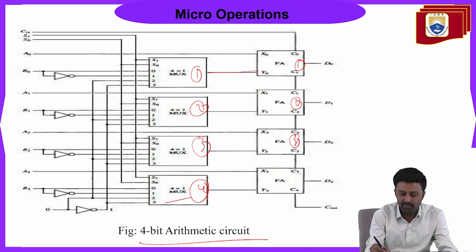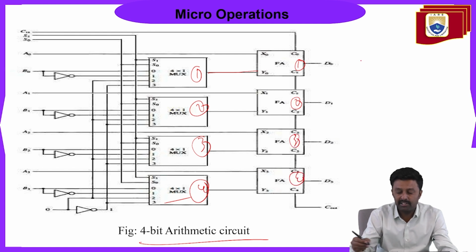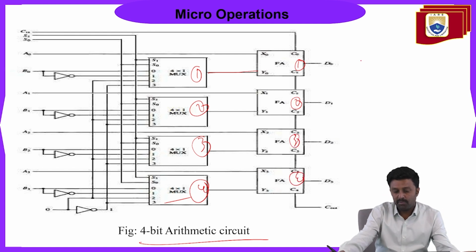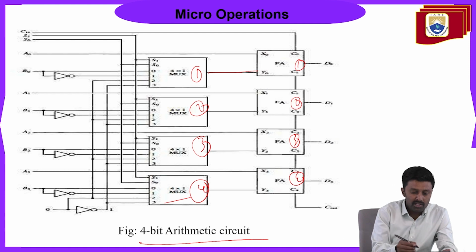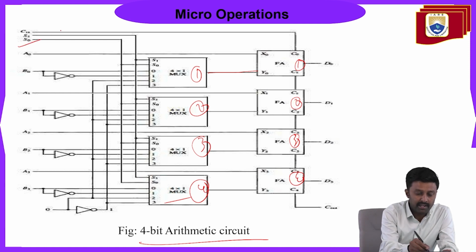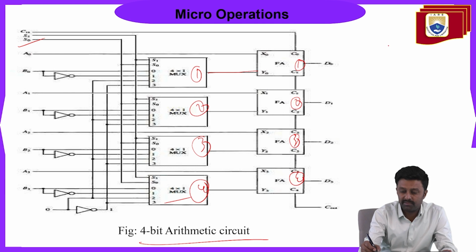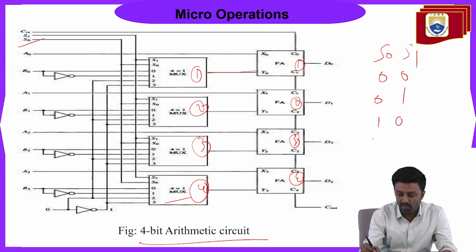As we have seen, each full adder has the inputs A, B, C and gives the sum and the carry. All these things are connected here. The initial carry in is given, and with the help of 2 select lines here, that is S0 and S1, the truth table will be like this: 00, 01, 10, 11.